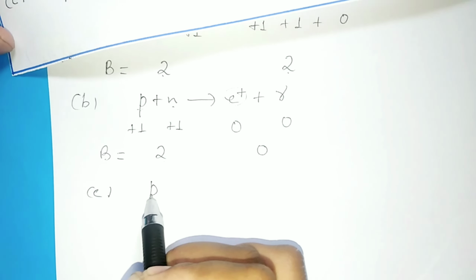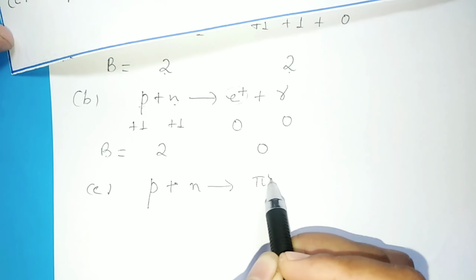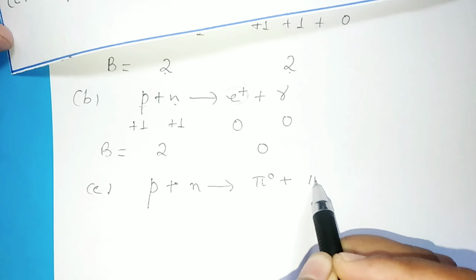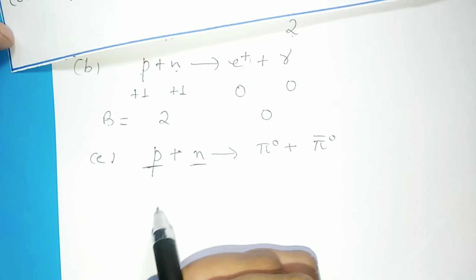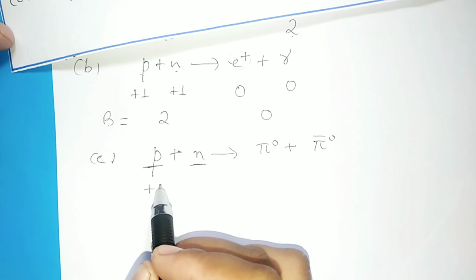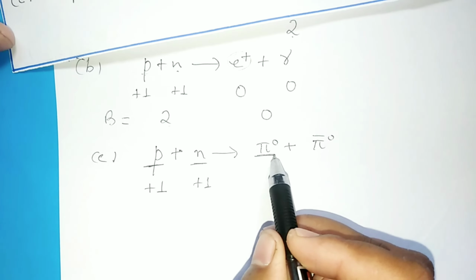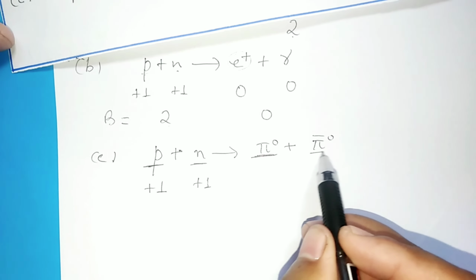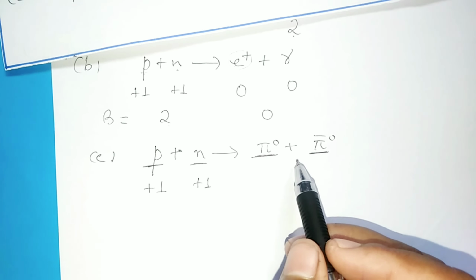And the third one, we have proton with neutron. We have a neutral charge meson and then the antiparticle of a neutral charge meson. Both proton and neutron are baryons. So B is equal to +1 for both. The neutral charge meson and its antiparticle are mesons, okay?